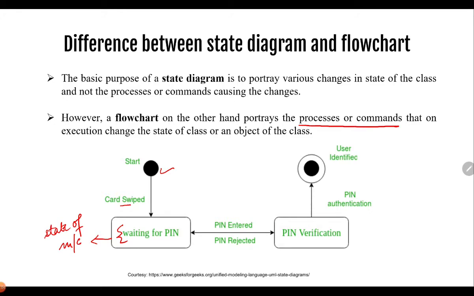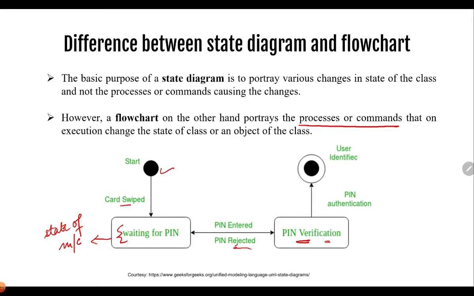But we will not be dealing with why or where or how this waiting for the pin will happen. So after the card is swiped, it will simply be waiting for the pin. Once the pin is entered, it will be verified by the next state of the system. So pin verification will be the next state of the system.